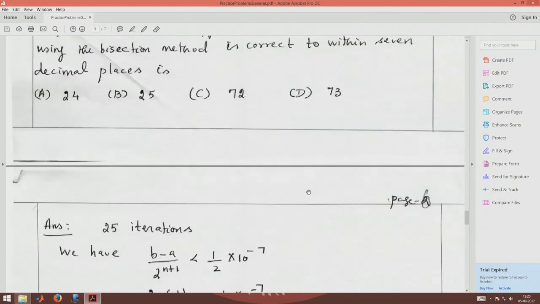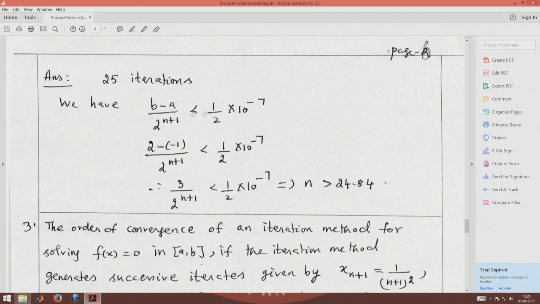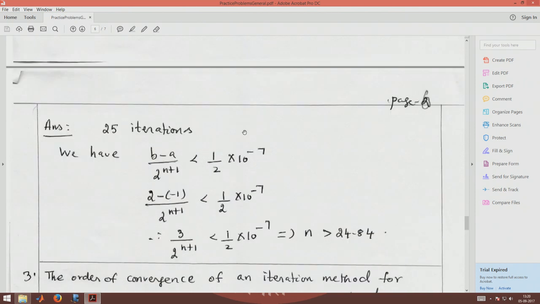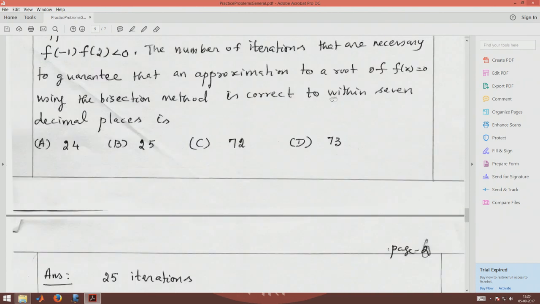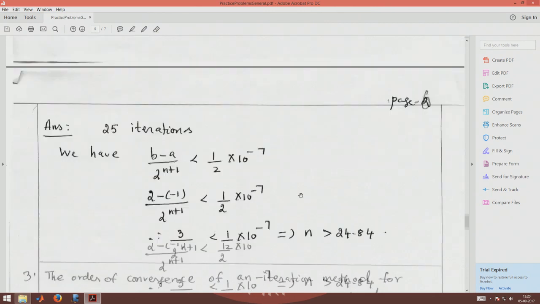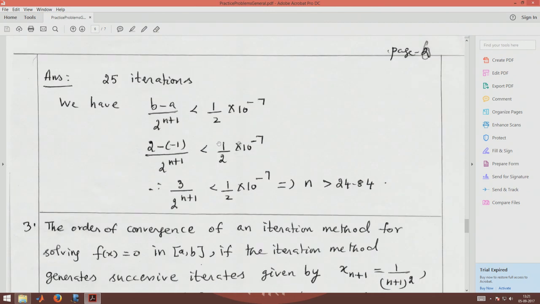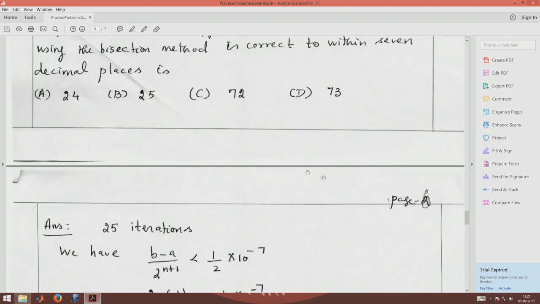Which one of them is correct? You have a formula which says (b minus a) by 2 power n plus 1. You want it to be less than half of 10 to the power of minus 7, because correct to within 7 decimal places is your requirement. Simplify and you get n bigger than 24.84, and you observe that n equal to 25 is what appears here.